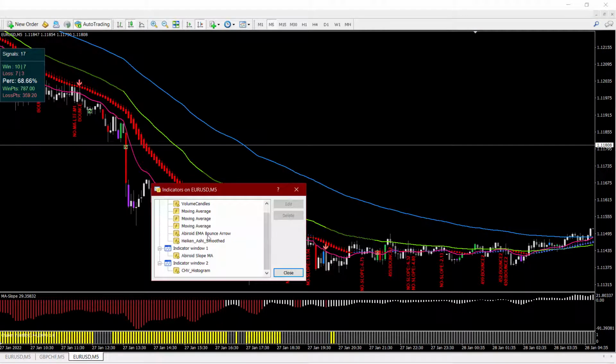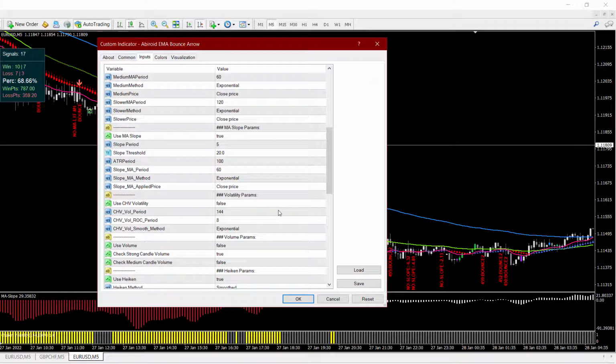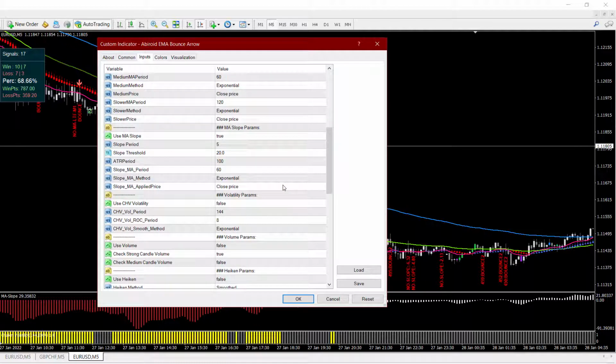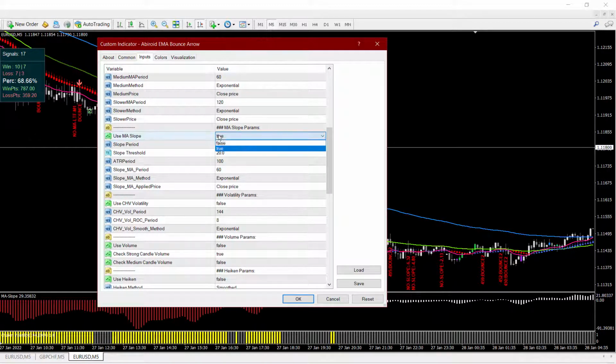Let me turn a few checks off so that we can see what that looks like. I'll just turn Heiken and I'll just set the lower time frame MA stack. And let me also take this.